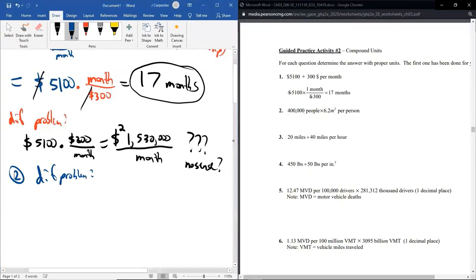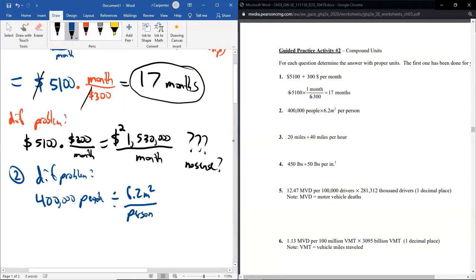Let's just say I gave you a word problem that said you have 400,000 people, and this city or state or whatever on average has 6.2 meters squared per person. And I say, how much space do you need for all these people? All I give you is those two numbers, and you think, maybe I'm just going to divide them. So I take 400,000 people, and then I divide by 6.2 meters squared per person.